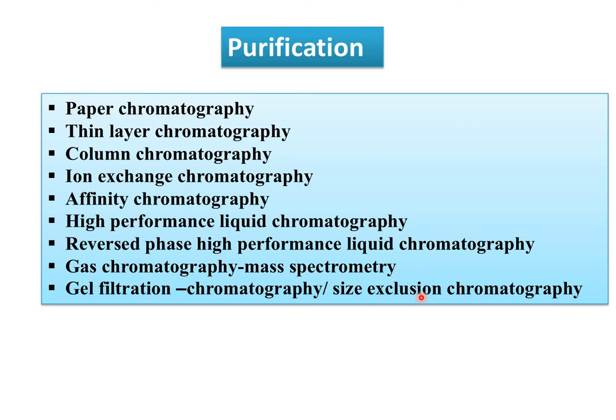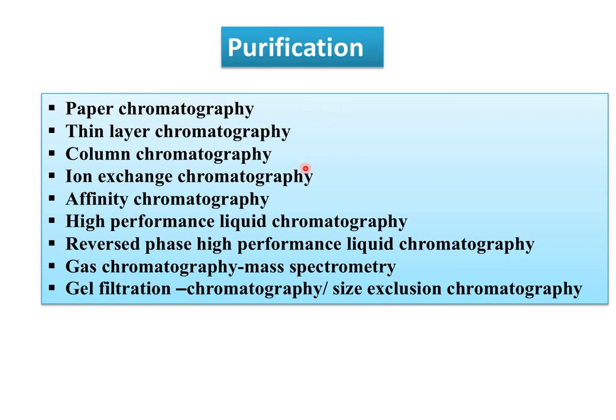As we all know, chromatography is based on the principle of partition of solute between two phases, and it usually consists of a mobile phase and a stationary phase. The mobile phase usually refers to the mixture of substances to be separated, dissolved in a liquid or gas.